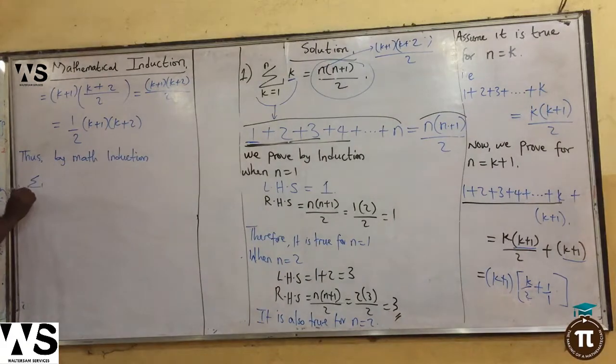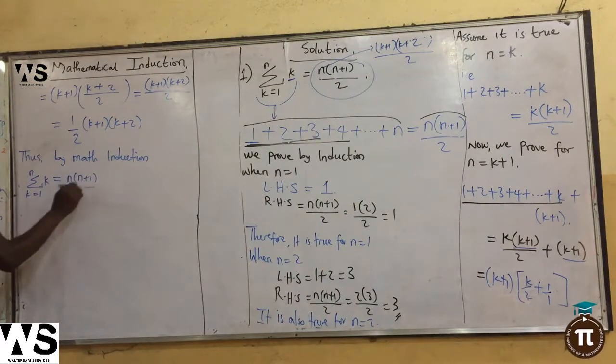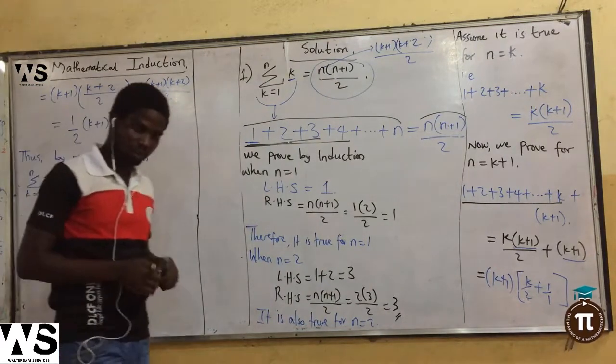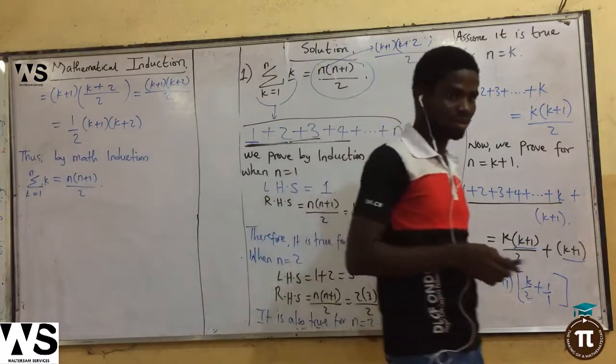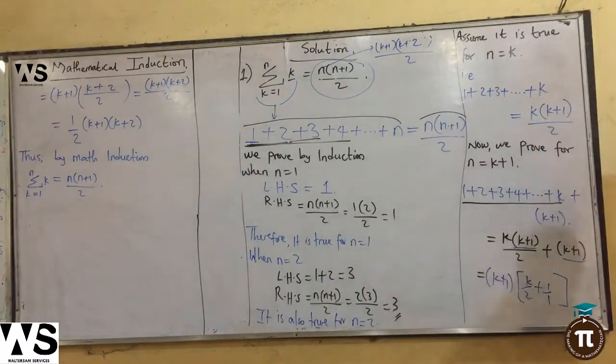Summation of k starting from 1 to n of k is equal to n times n plus 1 divided by 2. That's all. It's a long proof, isn't it?